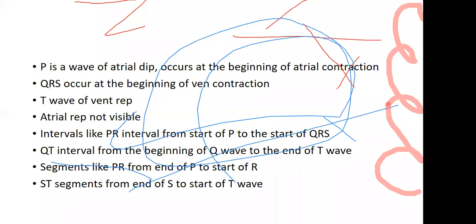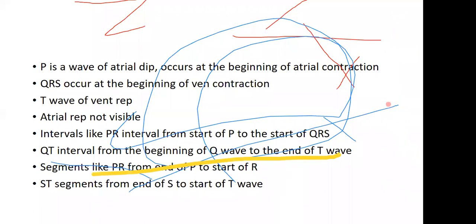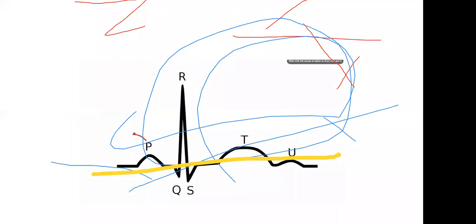Look at the diagram once again. From the start of the P wave, from the left side you can see the first is the baseline, and then the dome of the P wave starts. So this is the start of the P wave.